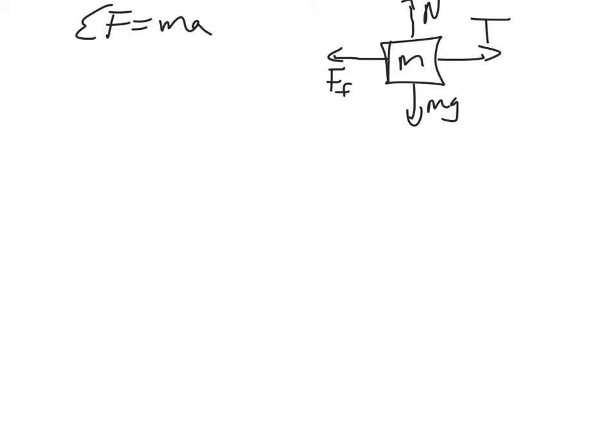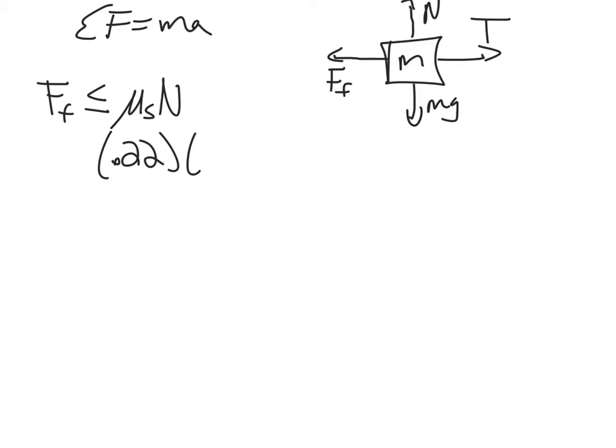So just to double check that the box wouldn't move, I'm going to get my maximum for my force of static friction. So again, static friction is mu sub s times n, and if I substitute in those numbers from the problem, we had 0.22 times 60 for my normal force. That's because my weight, it said, was 6 and gravity is 10.